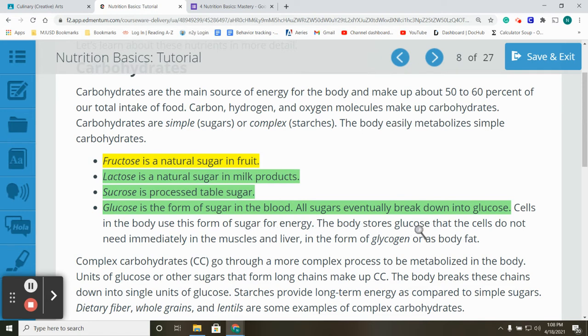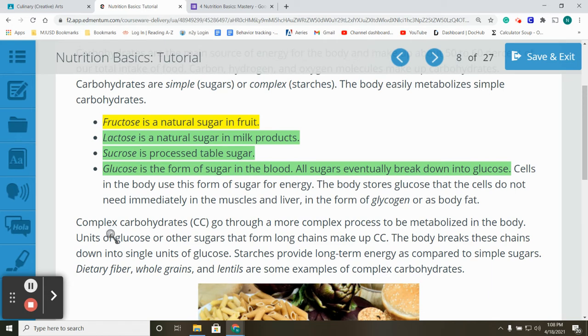The body stores glucose that the cells do not need immediately in the muscles and liver in the form of glycogen or as body fat. Complex carbohydrates, CC, go through a more complex process to be metabolized in the body.